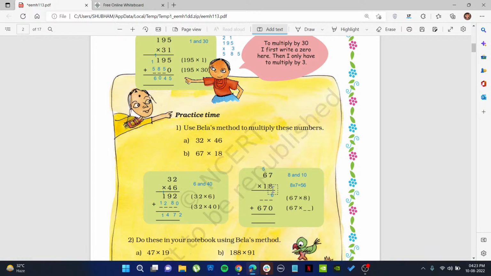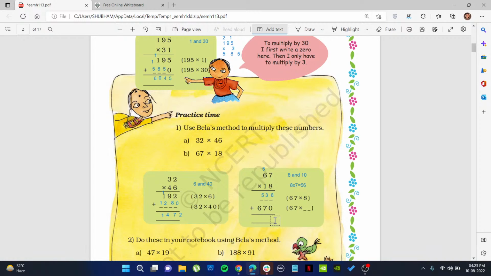Now we will be multiplying 8 with the 6, which is 8 times 6 gives us 48. 48 add 5 gives us 53. Let's write down 53 here. So on multiplying 67 with this 8, we get 536. Now our next step would be 67 times 10, which gives us 670, which is already written here.